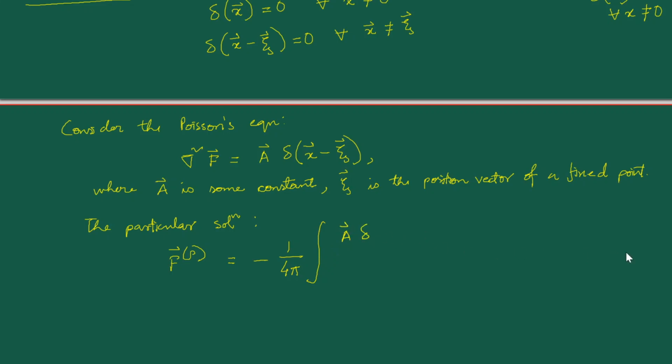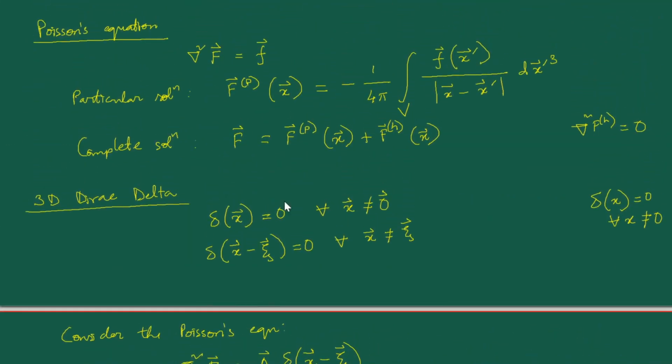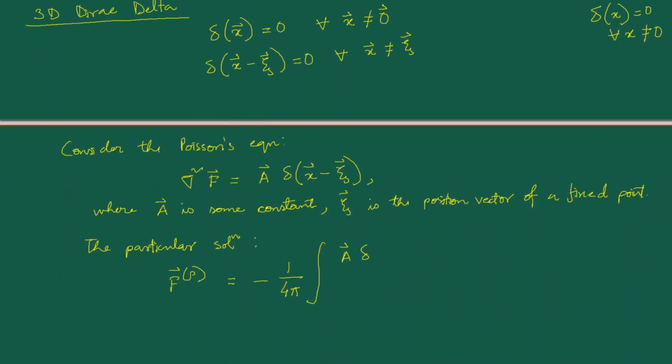And please note that when we had written this equation, we basically meant that this f was dependent on the x vector. So we replace that x vector by the dummy variable here, x dash. That's exactly the same thing we are going to do here.